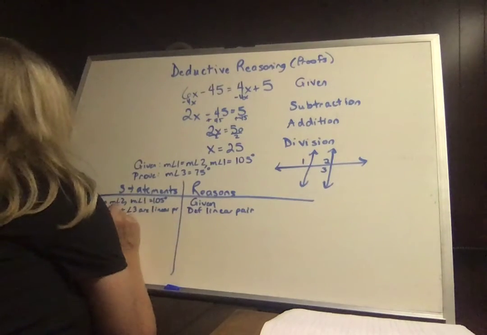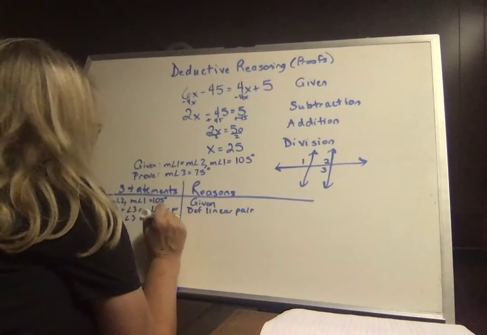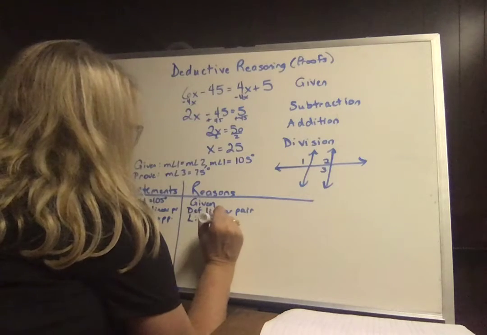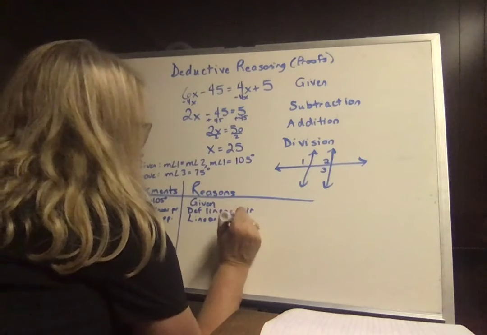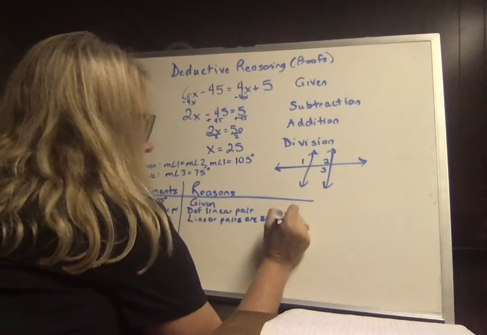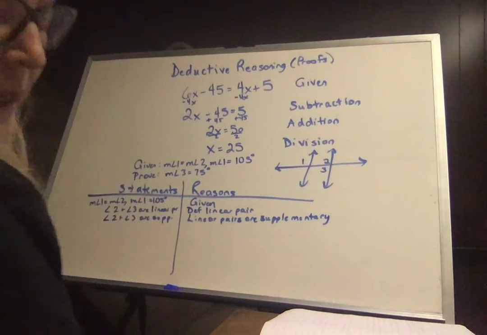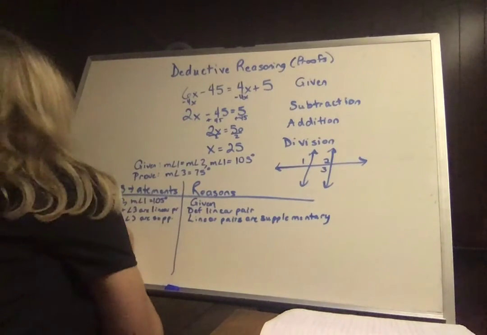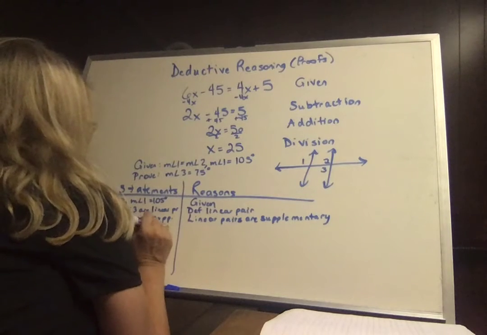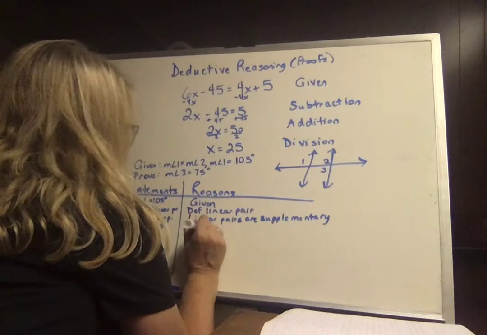So angle 2 and angle 3 are supplementary because linear pairs, all lines, always add up to 180. And supplementary, we just said, means that the measure of angle 2 plus the measure of angle 3 equals 180. Definition of the word supplementary.